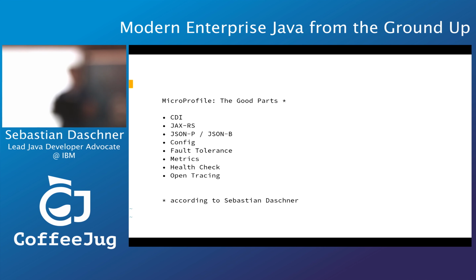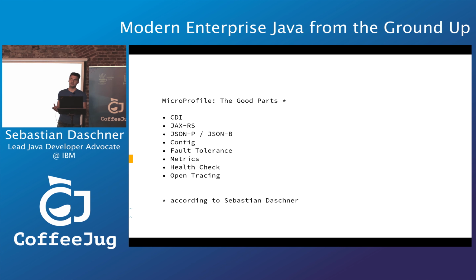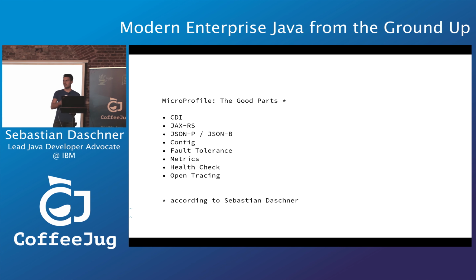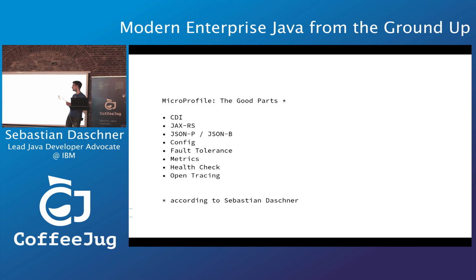It also comes with some other things, like MicroProfile Config, Fault Tolerance, Metrics. These have been added for modern microservices, for modern cloud-native technologies, where you need these concerns solved in a more pragmatic and effective way, right?